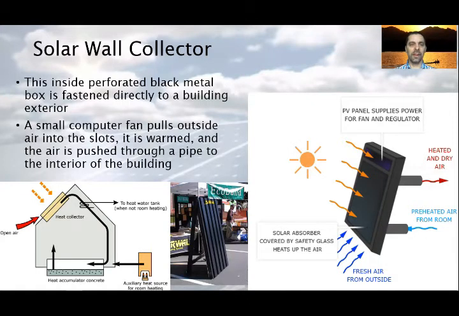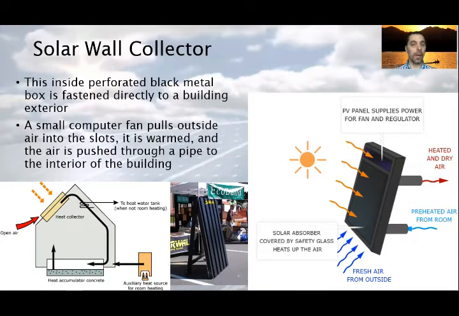Among the plenty of variants of solar air heaters, some are quite simple, like this one on the right side. This perforated black metal box is fastened directly to a building exterior. A small computer fan pulls outside air into the slots.